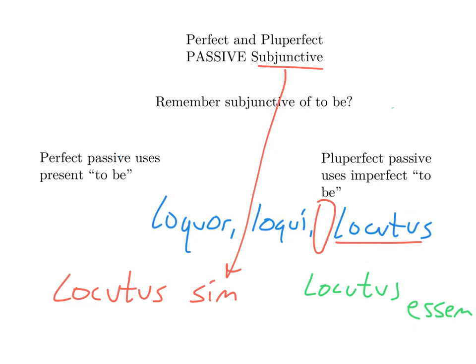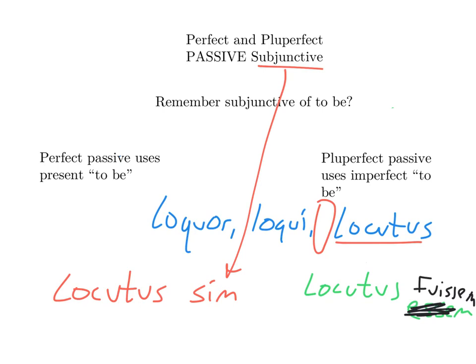Locutus essem. And before we go on from this slide, there's one cool thing that authors like to do. They like to really emphasize how past tense it is. So sometimes, instead of the imperfect subjunctive form, they'll put the pluperfect subjunctive form. You'll get fuissem, which, you'll note, fui is the third principal part of "to be."